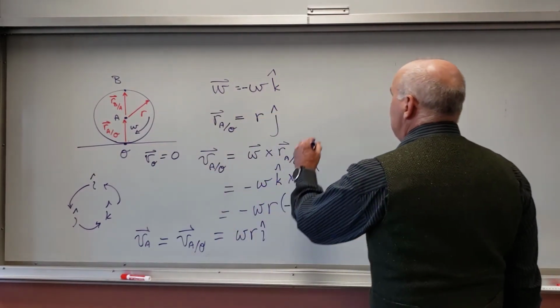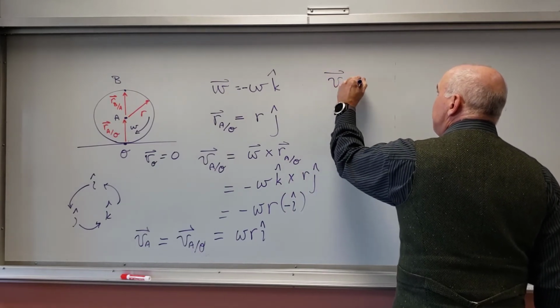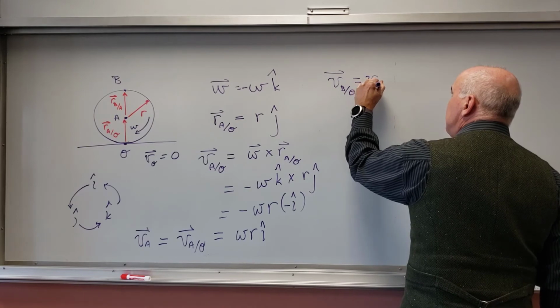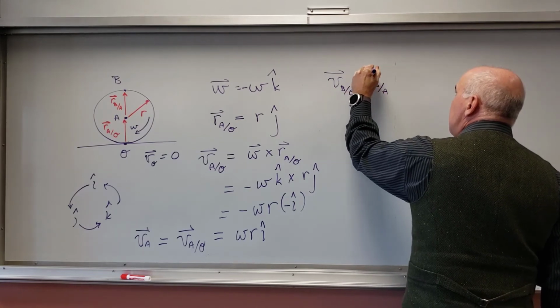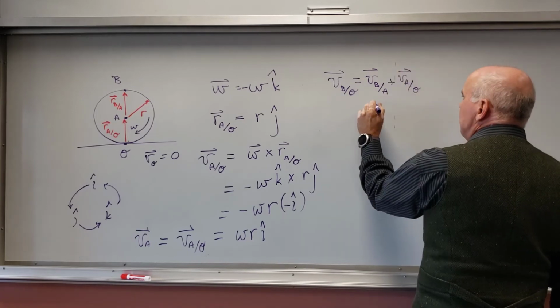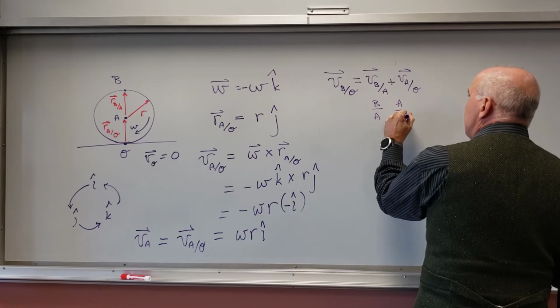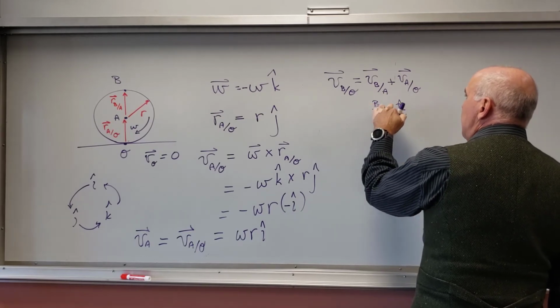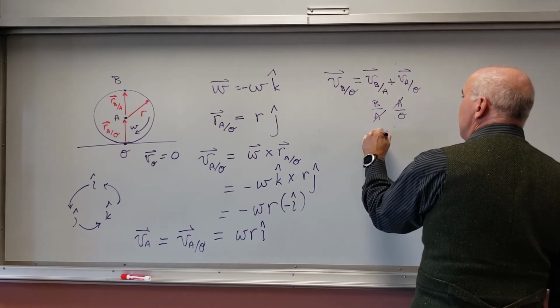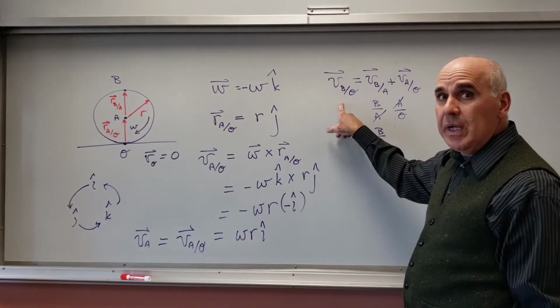Well, in a similar fashion, I can say the velocity of B with respect to the origin is equal to the velocity of B with respect to A plus the velocity of A with respect to the origin. Remember that we looked at the subscripts in relative motion, and I've got B over A over O, the A's go away, and I get B with respect to the origin, so that's working out just the way I want.